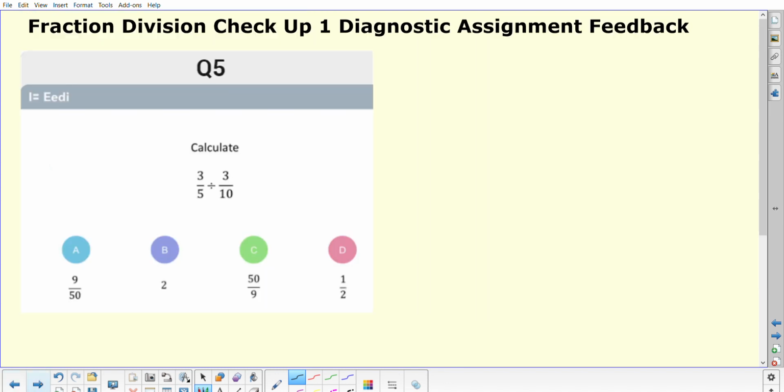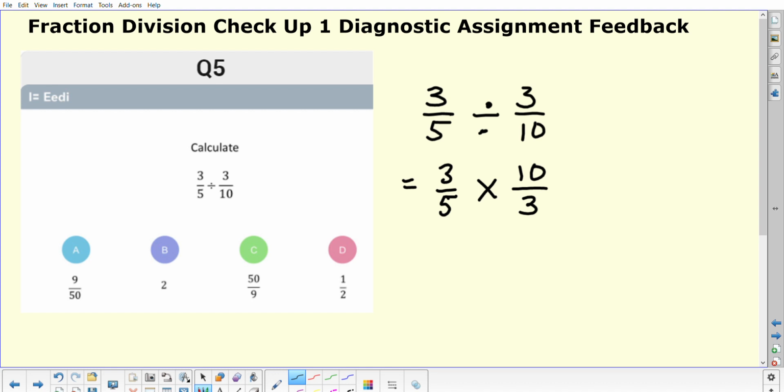For question 5, we're doing 3/5 divided by 3/10, and for this one, keep the first fraction, switch the sign, and flip would lead you to that.